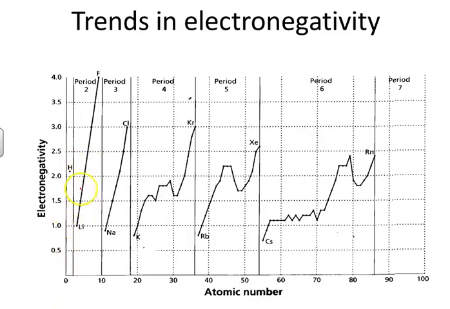When we look at the trend, we can see one of the clearer trends. We have lithium to fluorine, an almost linear pattern, sodium to chlorine, potassium to krypton, rubidium to xenon. We have some D and F blocks here, elements here that tend to plateau things a bit, but regardless, we end up having basically from the left side of the table to the right side of the table, an increase in electronegativity. And increased electronegativity equals stronger attraction.